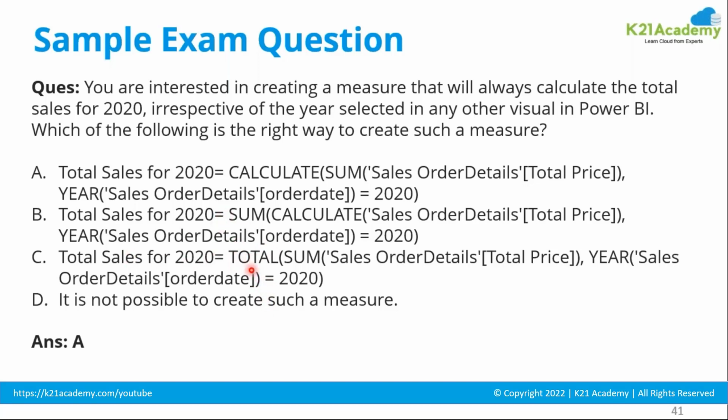Then we don't have any function with the name TOTAL, so this is again wrong. Total sales of 2020, TOTAL SUM sales: no, there is no function named TOTAL here. So C is not the correct answer. And it is not possible, no, we can create this measure. That's why we have the first option, total sales for 2020, and that's where I'm using a CALCULATE function. This is my filter, and then I'm going to work with my 2020 operations as well.